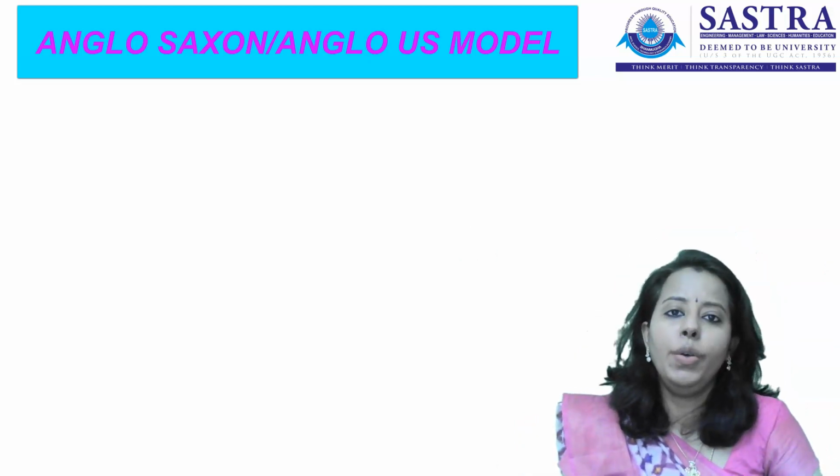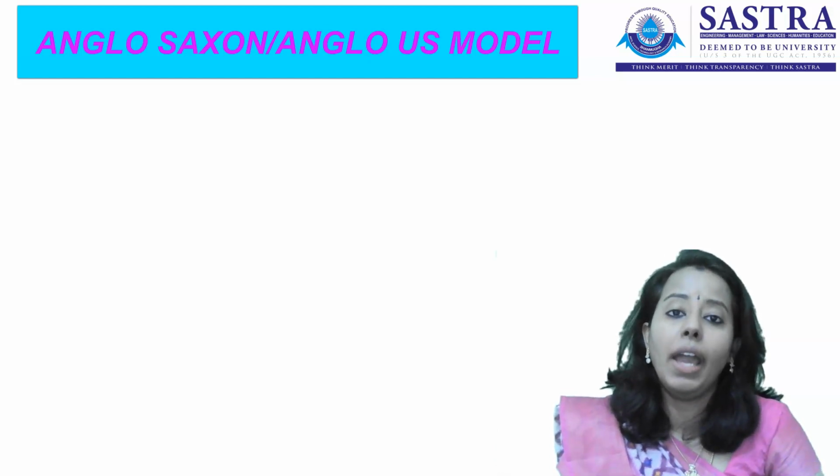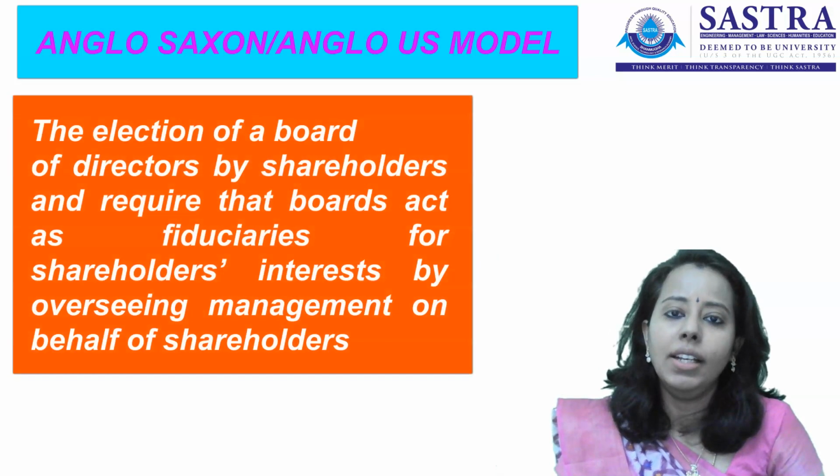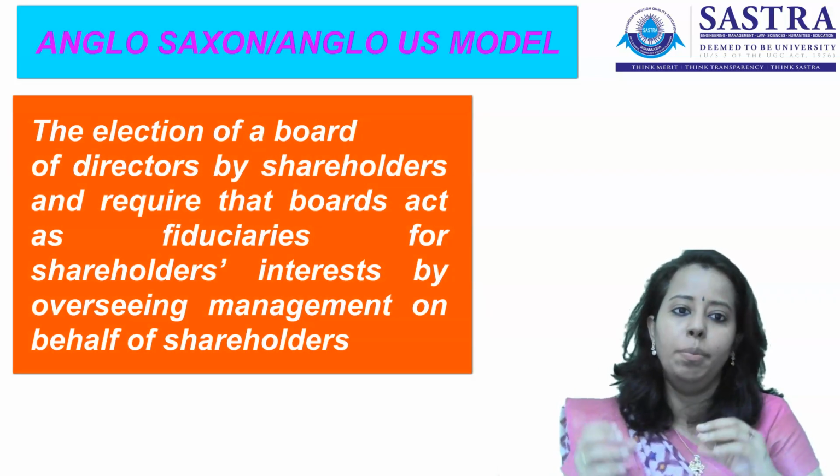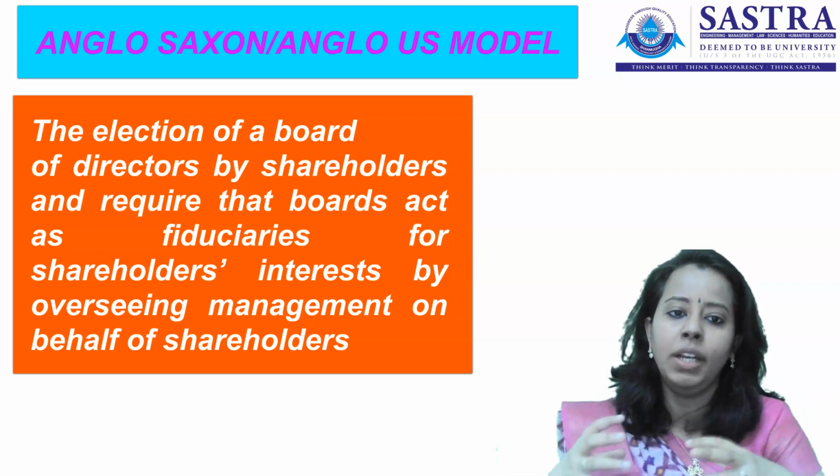In the Anglo-US model, the interests of shareholders and the management may not always coincide. So the laws governing the corporation in countries using the Anglo-US model attempt to reconcile this conflict between the shareholders and the management.